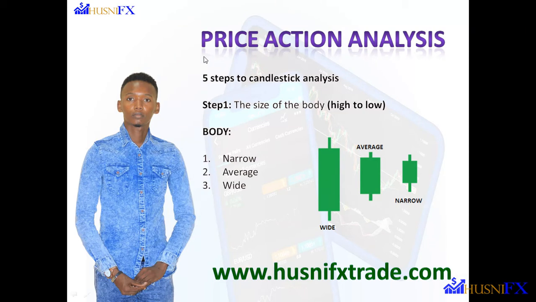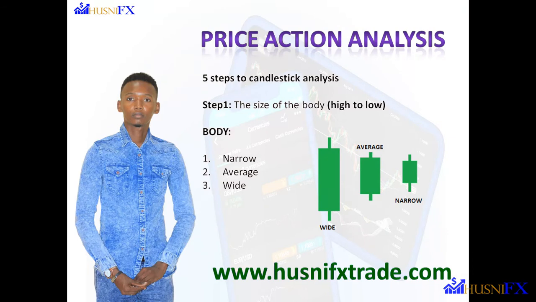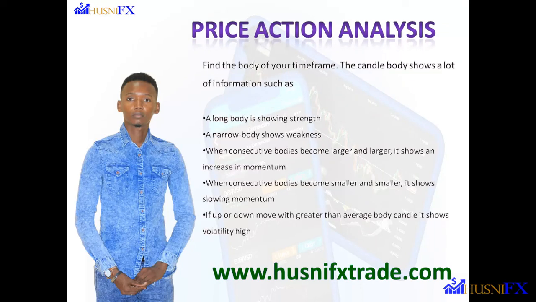The body has a high and a low. So you can see exactly how they are different. This is the wide, the larger one, this is the average, and this is the narrow. So we will learn about step 1, the size of the body.